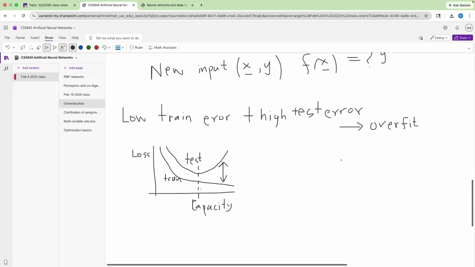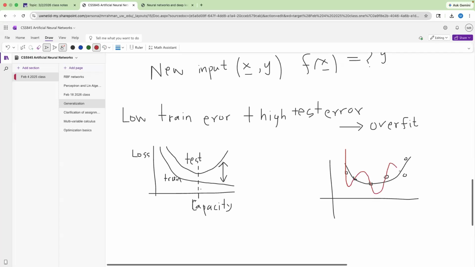One example that we saw is that you have a true function which is a quadratic, and you have a bunch of samples plus noise, right? If you use a very complex function, you might end up with something like this as your learned function.